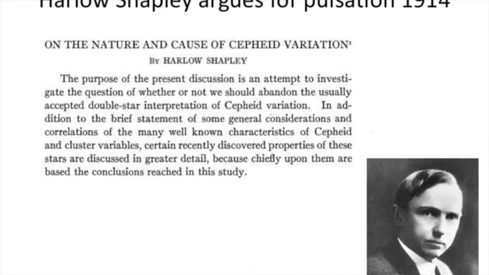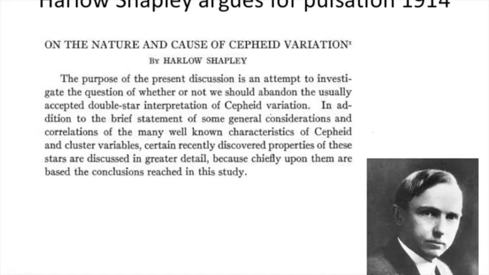Some people had already put forward the idea of stellar pulsation, but it had been rather neglected up to this time. I think the paper that really changes the picture is one published in 1914 by Harlow Shapley, who argues that Cepheids and RR Lyrae stars are not changing in brightness because they're binaries, but that they are pulsating.